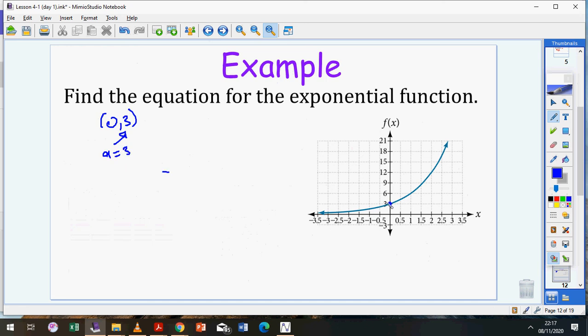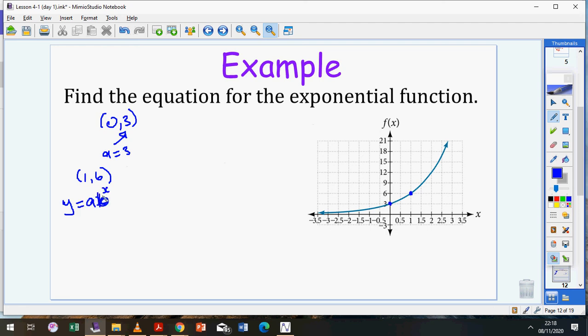Since I want to find the equation of this graph, I can look for another point. When I look at the axis, I see when x is 1 and y is 6 is another nice point. So I can use this point and the information that a is 3 to find the equation of the function. I know the general form of the equation is y is equal to a times b to the power x.